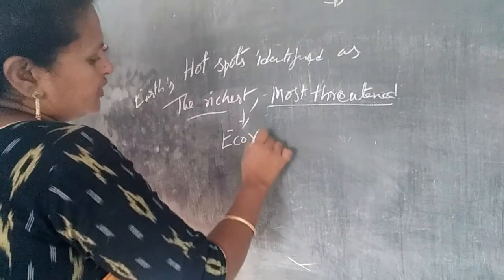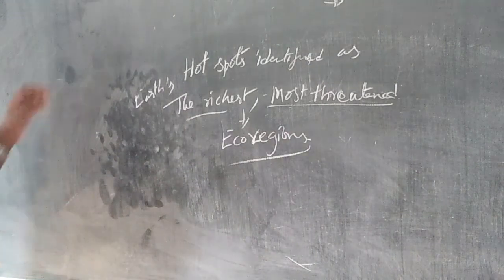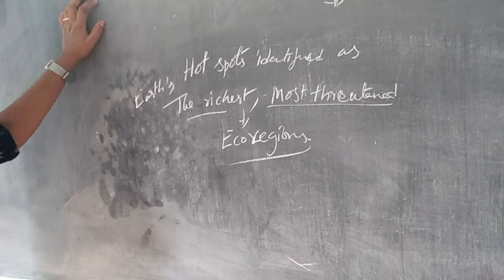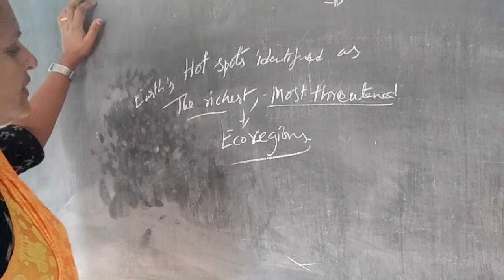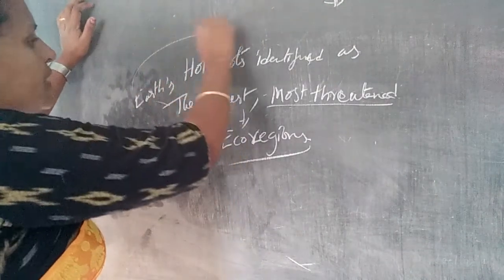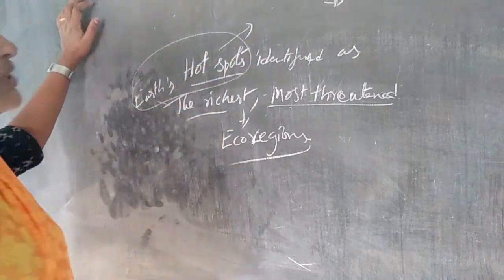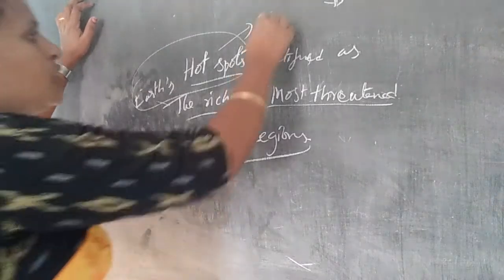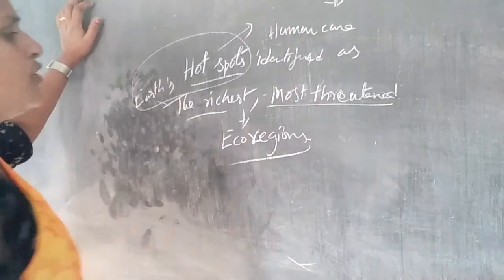So the conservation sites also contain in situ conservation. Particularly recovering populations, threatened species and extinct species are protected by human care and protected as hotspots.